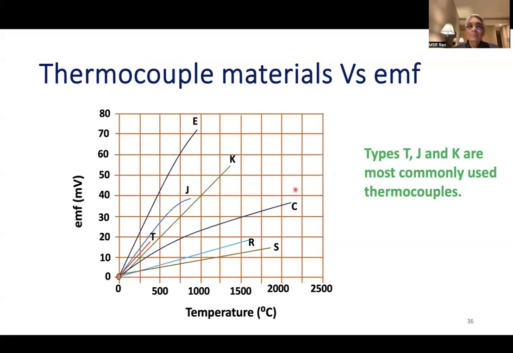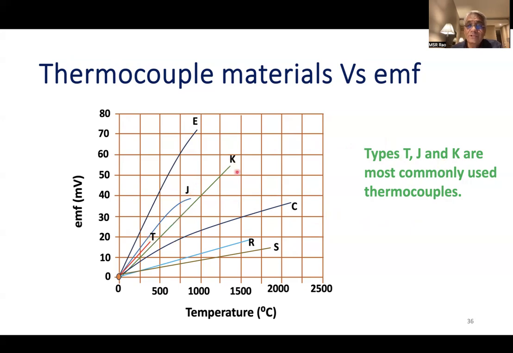Now, if you look at thermocouple materials versus electromotive forces, all these nomenclatures, the T, J, K, E, C, R, S, these are different names given to indicate or describe the type of thermocouples. These are called types. Types T, J, K are the most commonly used thermocouples.